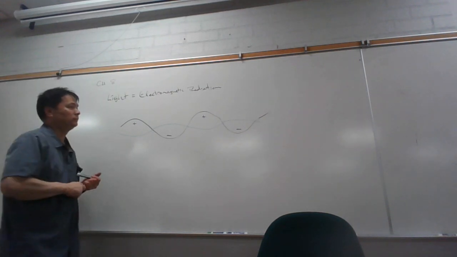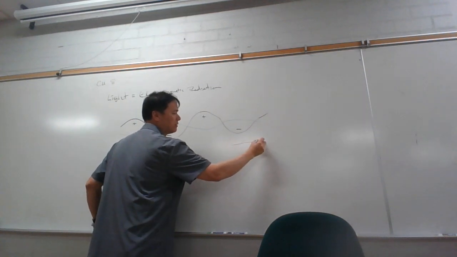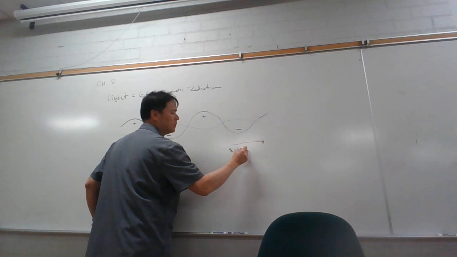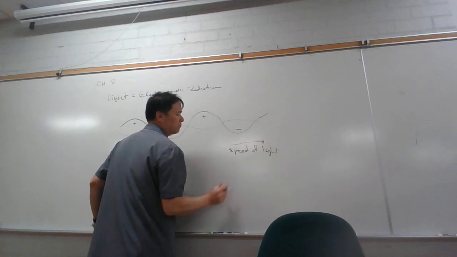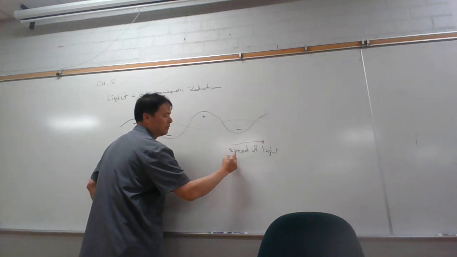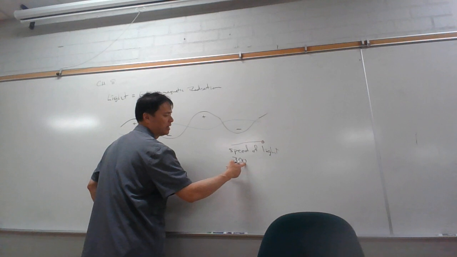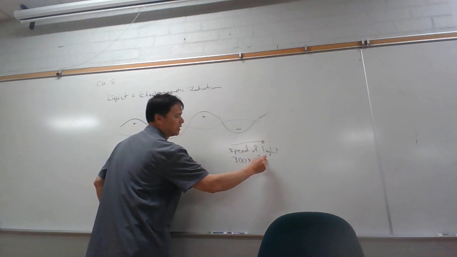And this is traveling. It's not a standing wave. It's traveling very fast, actually. This is traveling at the speed of light. And the speed of light is 3.00, just 3 sig figs. It's like 2.99 something times 10 to the 8 meters per second.